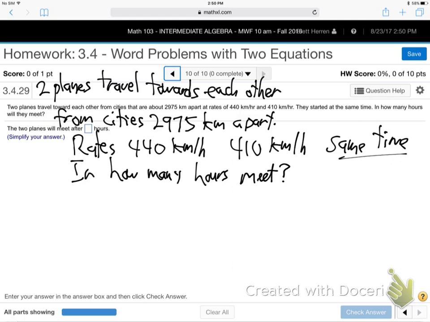How many hours will they meet? So try the dirt equation, distance equals rate times time.